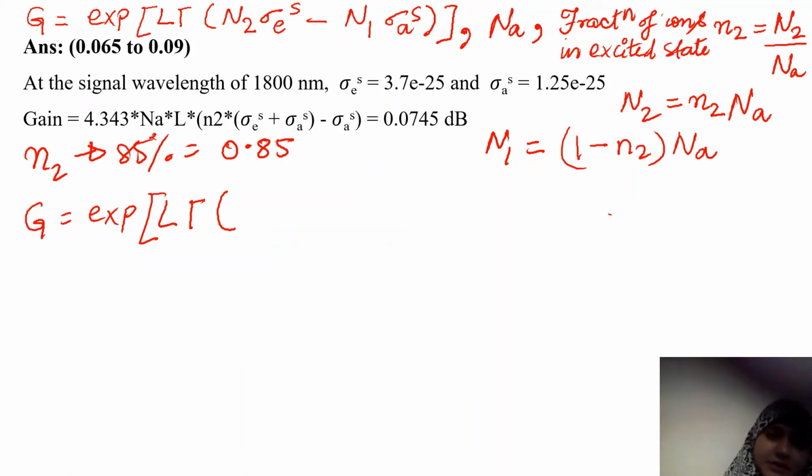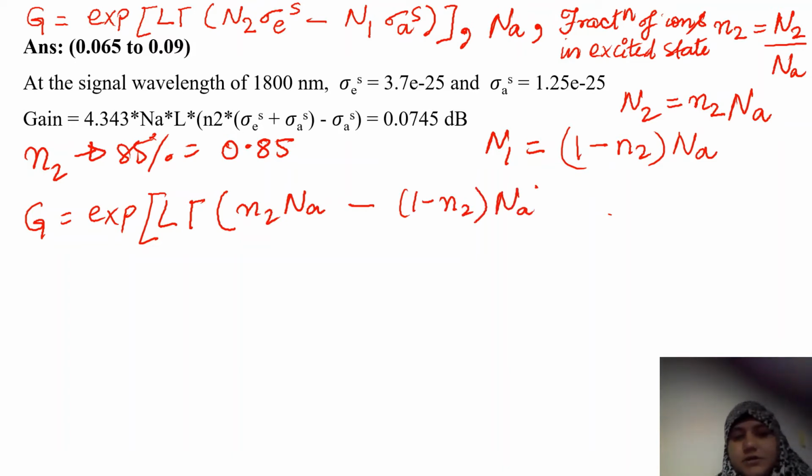So this will be n2 times Na minus 1 minus n2 times Na. Okay, I am missing one factor, that is the transition cross section, sigma ES and sigma AS. Yeah, it's completely alright now.